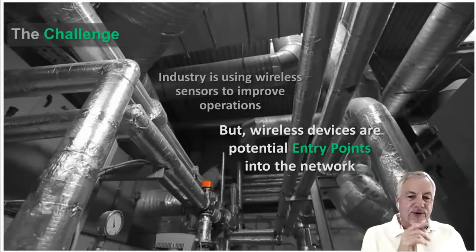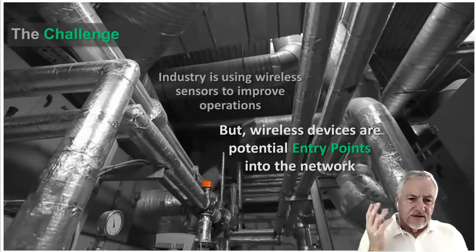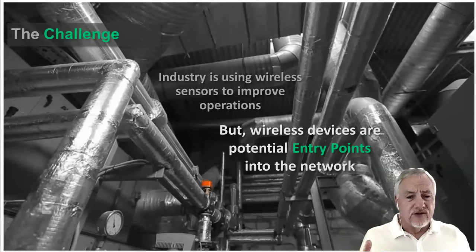The challenge that we're going to talk about today is the fact that industry is beginning to adopt wireless sensors pretty rapidly. And it makes perfect sense because the wireless sensors and actuators are easy to install. So if you already have a plant in existence, it's easier to put in something that's wireless than wired.